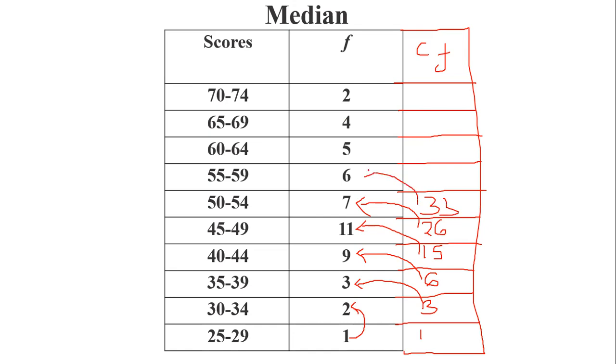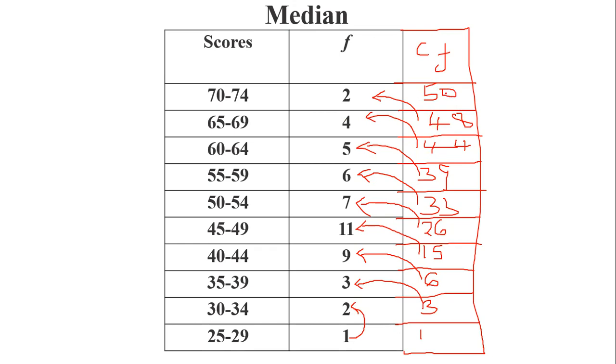That 33 added to the next number, you get 39. That 39 added to the frequency that follows, you get 44. 44 added to the next frequency, we get 48. 48 added to the last frequency, you get 50.